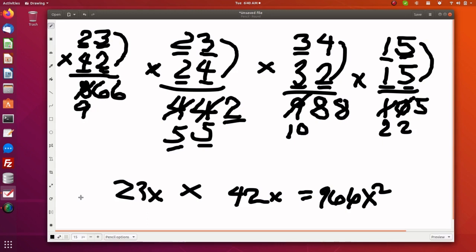Okay, so that's all for now, and this is the end of the multiplying two-digit numbers.